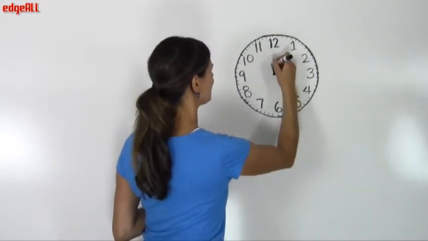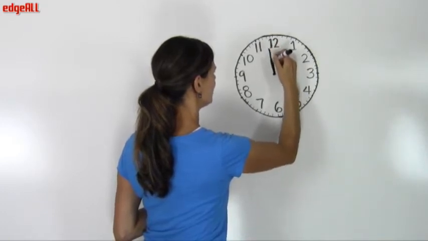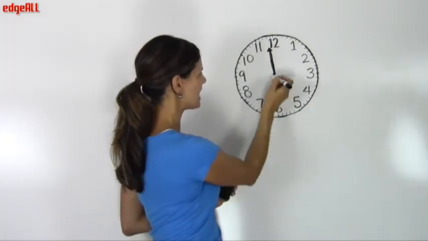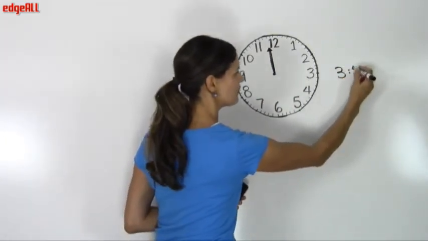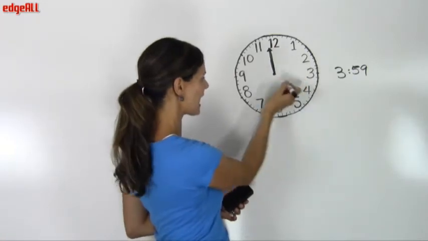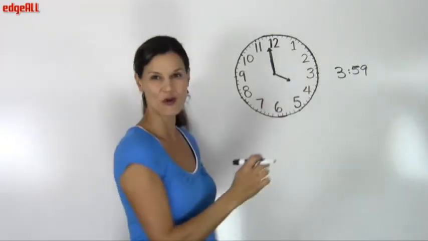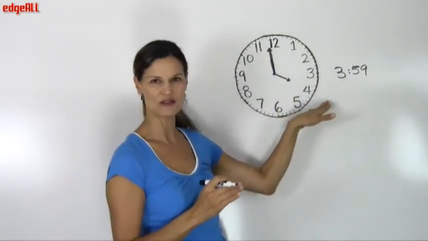So the minute hand would be clear up here, straight at the space right before the 12, and it would almost be 4 o'clock. If it was 3:59, it would be 1 minute before 4 o'clock. And so the hour hand would be pointing almost at the 4.